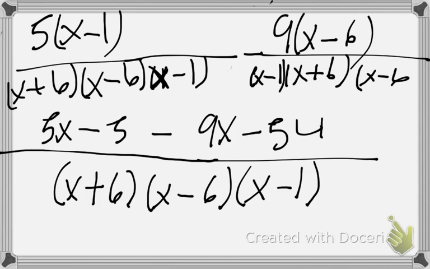Okay, so now we need to simplify the top. Okay, so 5 minus 9 is negative 4, I'm pretty sure. Hold on. Yes, it's negative 4.